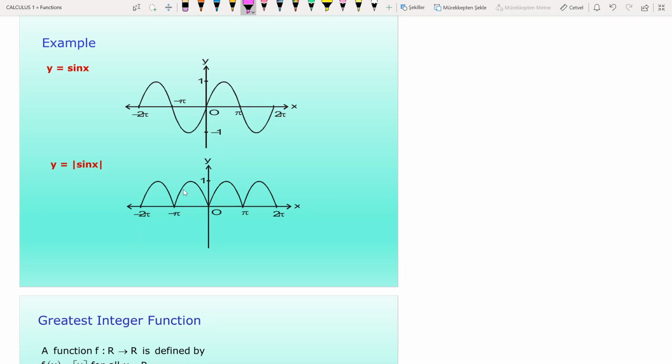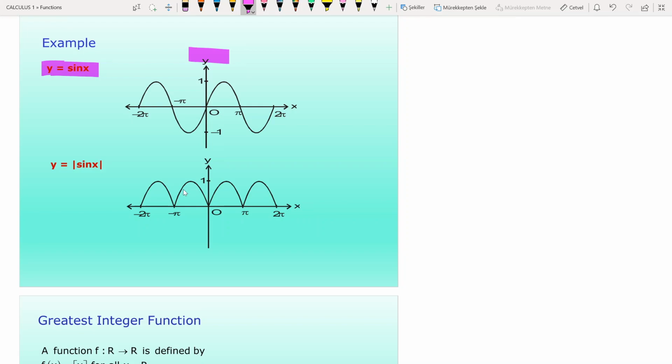Now let's look at an example of the modulus function. Let's say y is equal to sine x. We are familiar with the graph of sine x. What about the graph of modulus sine x?